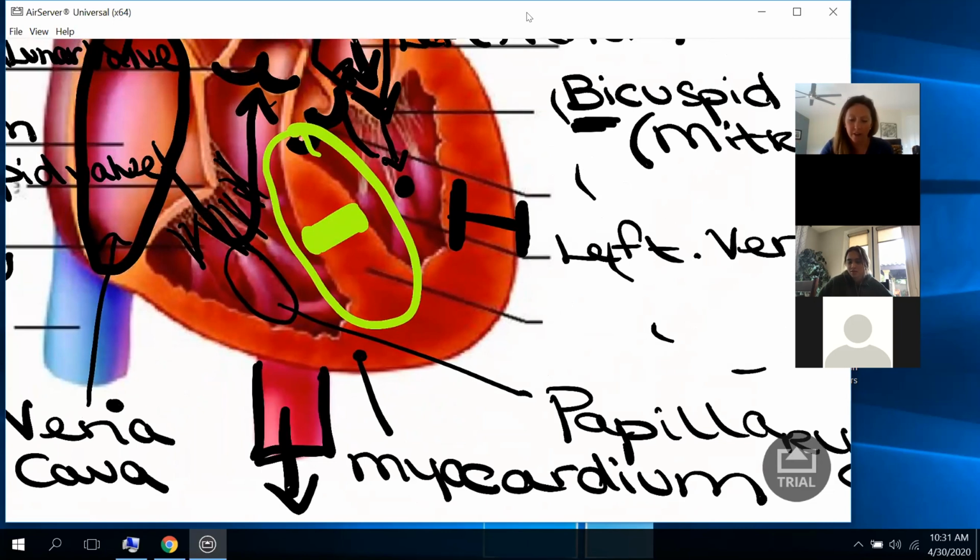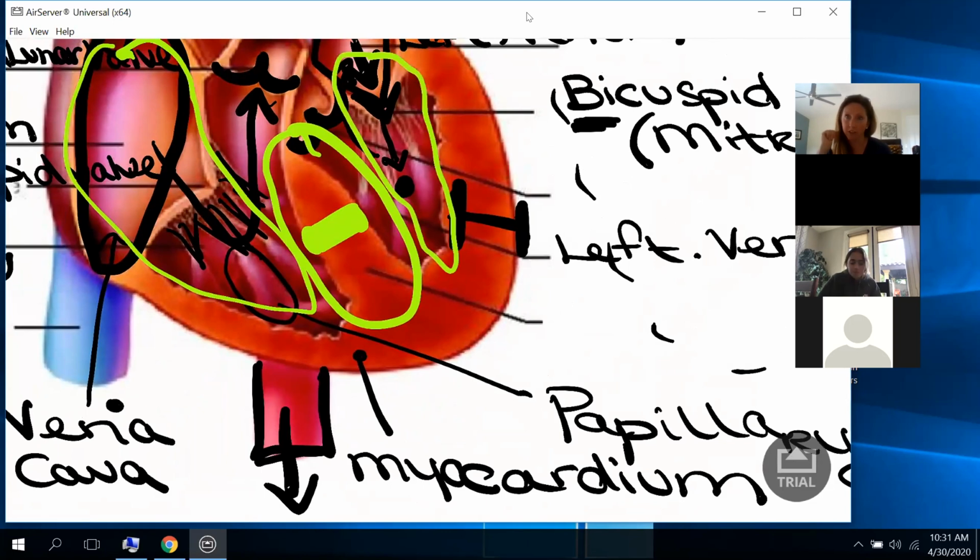On the right side of the heart over here, you've got blood that hasn't yet gone to the lungs. So that's going to be blood that has less oxygen. We call it deoxygenated blood, but it's really just less oxygenated. On the other side, the left side, you've got blood that has already been to the lungs. So it's fully oxygenated blood. So what would happen if you have a hole?